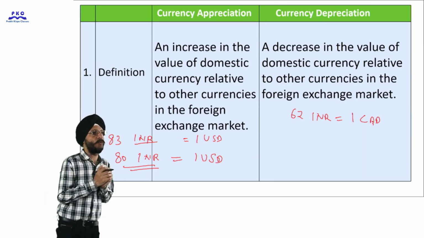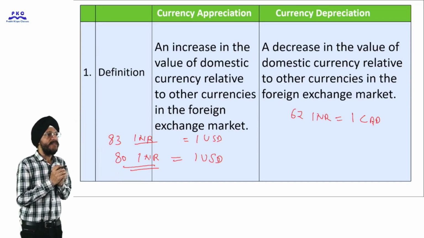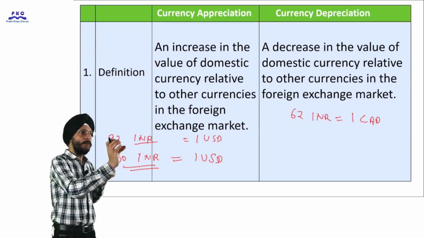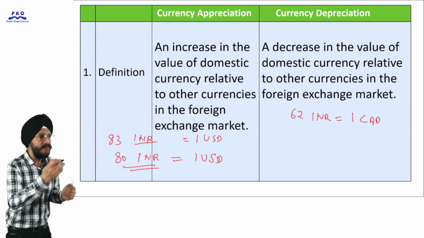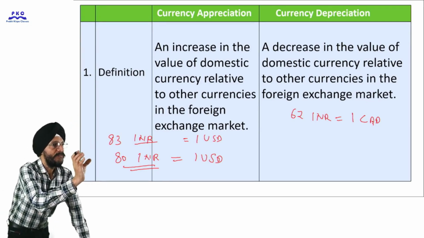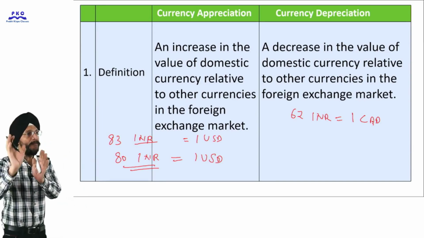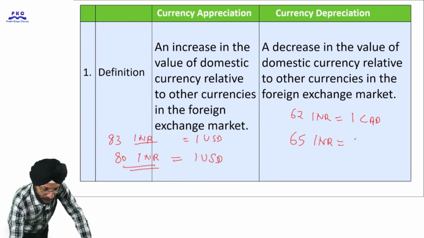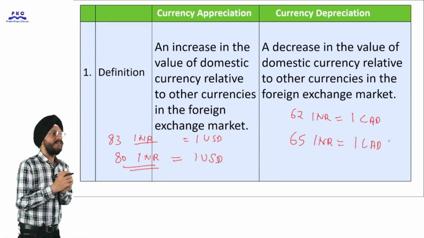Suppose there is currency depreciation, that is, the value of our Indian rupee depreciates. Taking a simple example, we will have to pay more to get the same unit of Canadian dollar. Suppose we have to pay 65 Indian rupee to get the same amount of other currency.